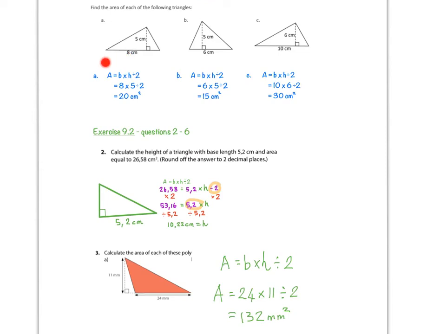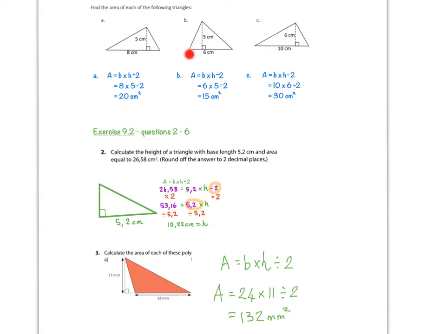So to practice this, we're going to try a few simple triangles before we get on to the tricky ones. The base of this triangle is 8 centimeters. Its perpendicular height, as given there, is 5 centimeters. When we multiply them together, we get 40, and dividing by 2, we get 20 centimeters squared.